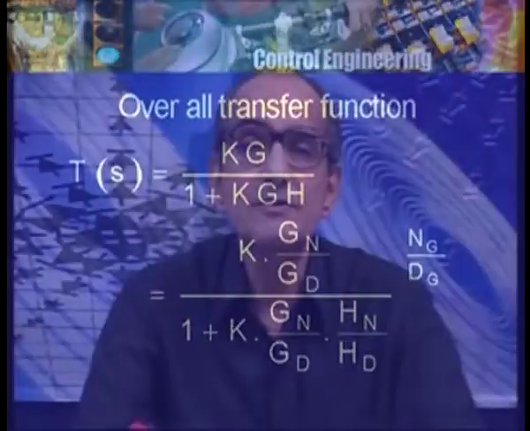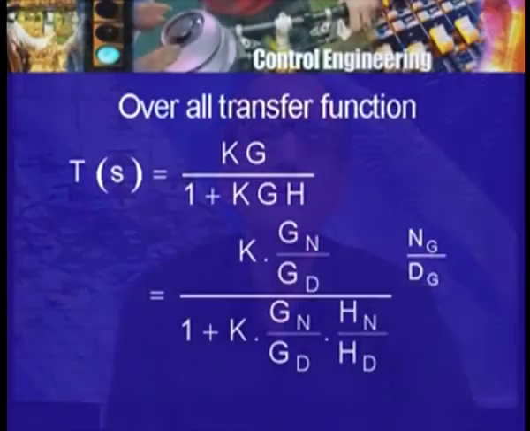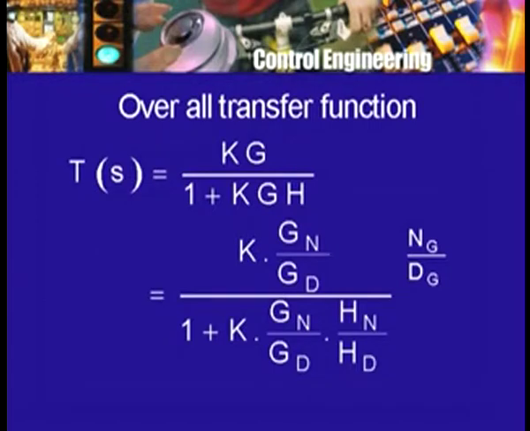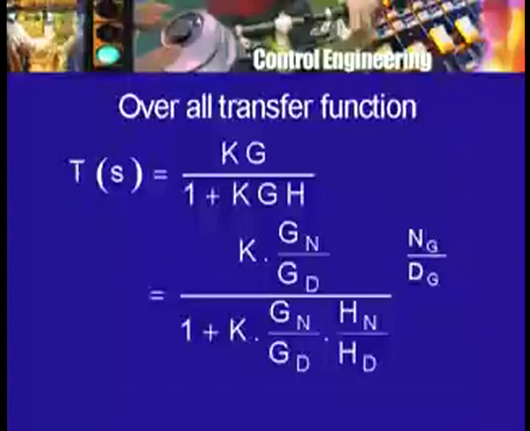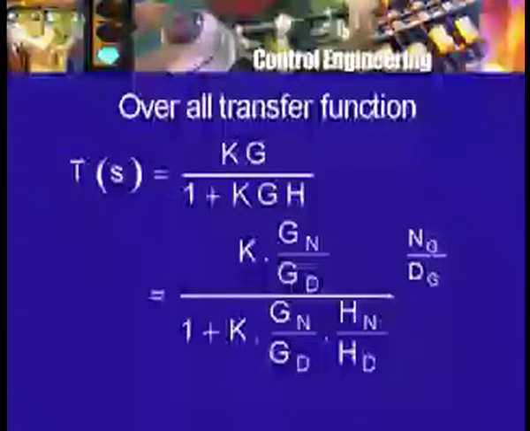You should go back to this very quickly and find out for yourself that this was indeed the transfer function of the standard feedback system configuration: K and G in the forward path, H in the feedback path, and a comparator device with a negative sign at the input. So, T(s) was KG divided by 1 plus KGH. Then what did we do? We looked at each of G and H, which in most of our applications is a rational function, that is, a ratio of two polynomials.